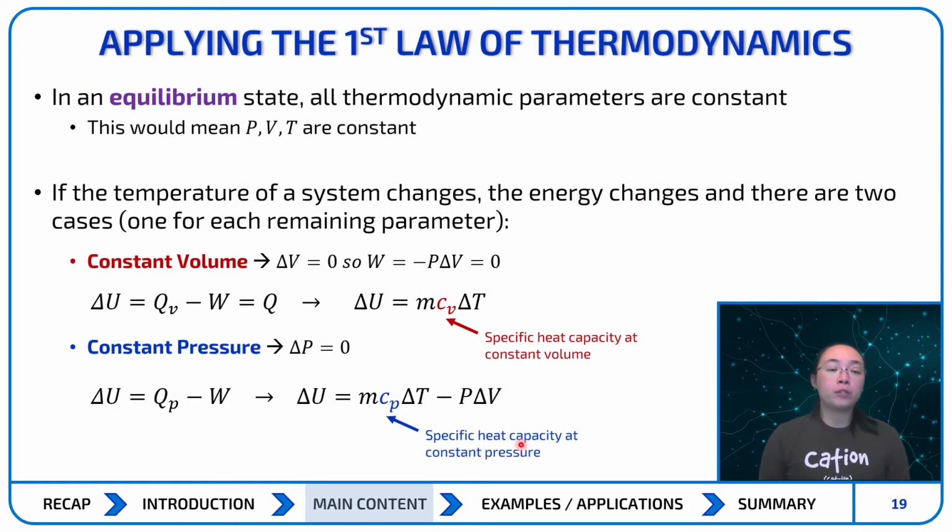Now, what do we do when we apply the first law of thermodynamics? First of all, the question here is, can we apply thermodynamics to living systems? Because living systems are open systems, and it makes it really hard for them to reach equilibrium. And it's always easier to apply thermodynamics to an equilibrium or near equilibrium state.